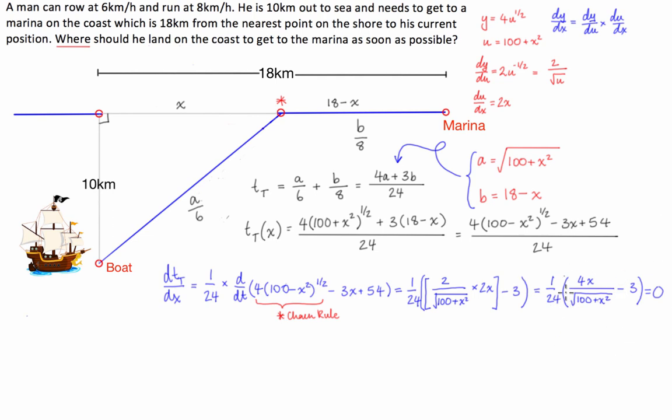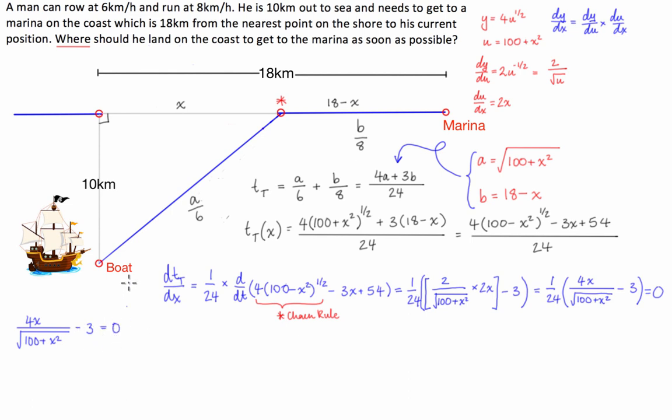Cool. So our next step, guys, is we're going to solve for x in this function here. So it's just an algebra exercise. The first thing I'm going to do is multiply both sides by 24, and that's just going to zero out the 1/24. So we're going to have left over 4x over the square root of 100 + x², minus 3 equals 0.